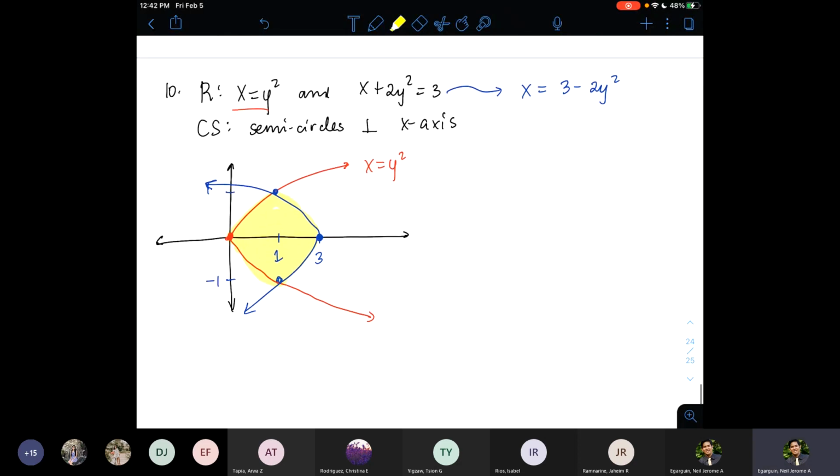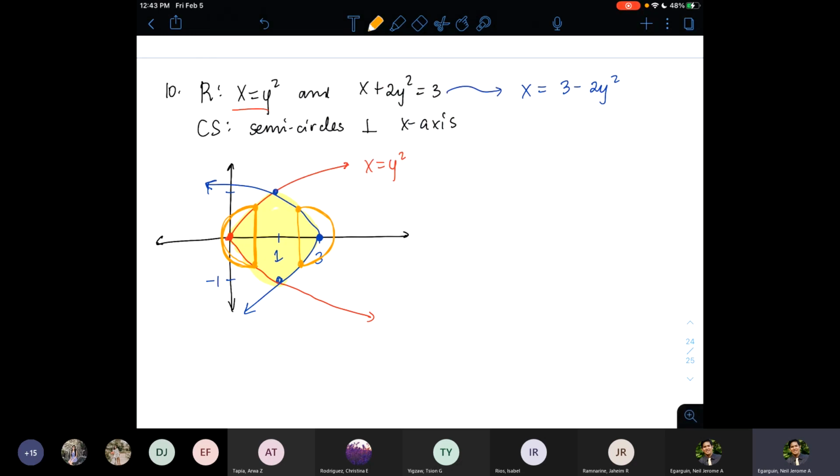And then we were told that the cross sections are semicircles which are perpendicular to the x-axis. So a typical cross section would be like this. So this is perpendicular to the x-axis, and this would be a semicircle. But if you draw this cross section somewhere towards the right, you will also get a semicircle, but you see the difference in the functions involved.